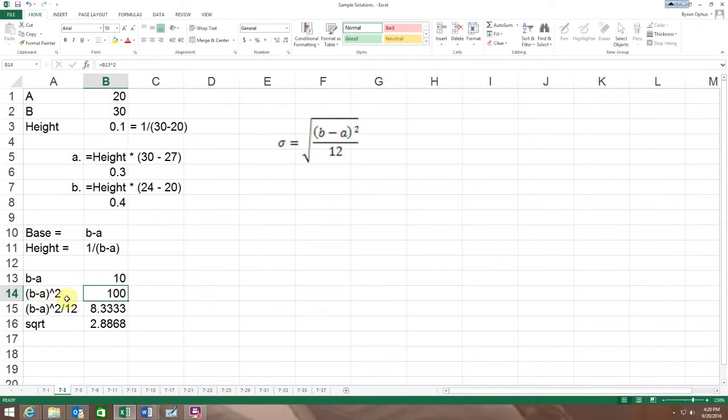My B minus A squared is simply this to the second power. Then I have to divide that by 12, forgive me. So it's equal to this divided by 12, and then I have to find the square root of that.